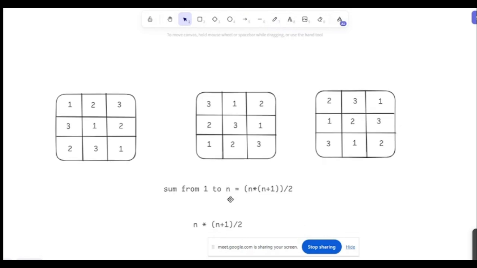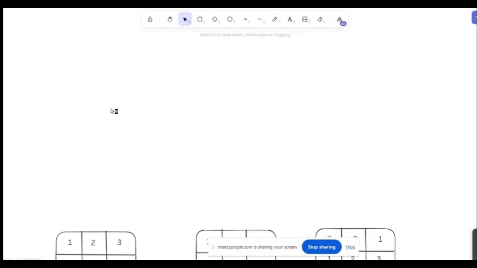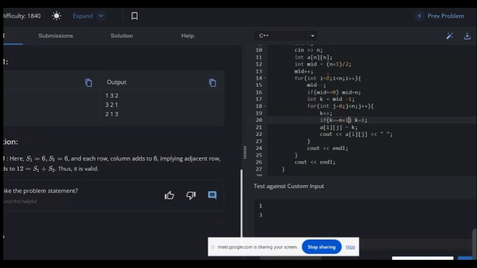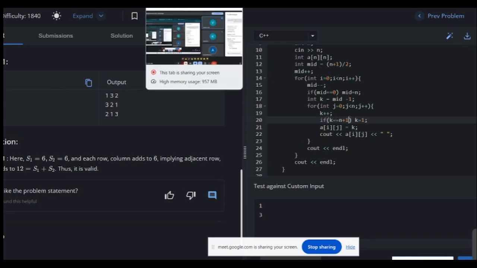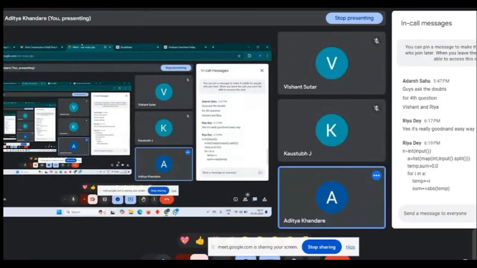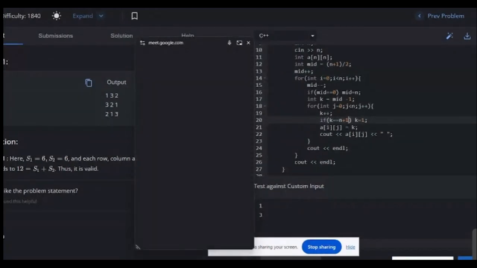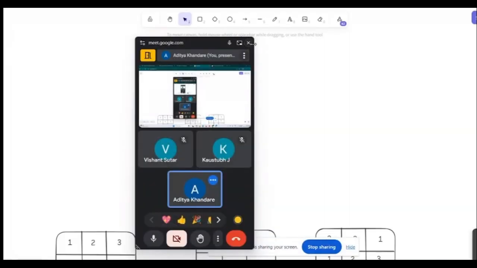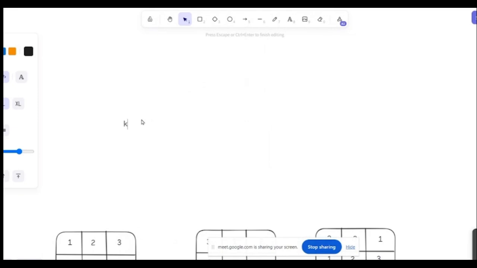So if n equals 3, here mid is 2, and I'm taking k as mid minus 1, and also doing plus, so that doesn't matter, k equals mid. So here k equals 2, which is also mid.